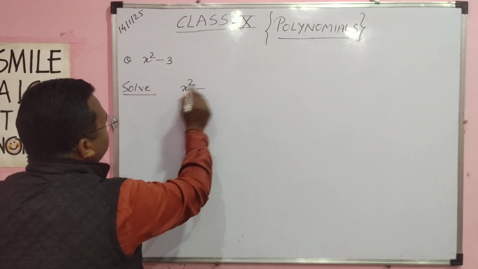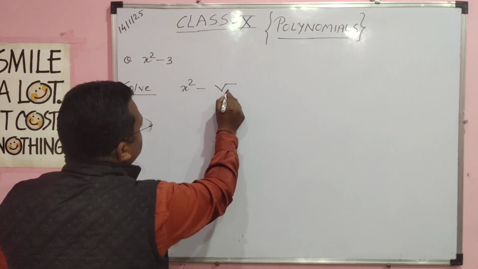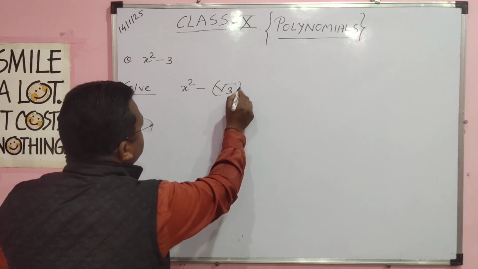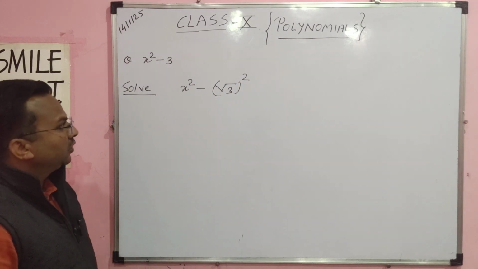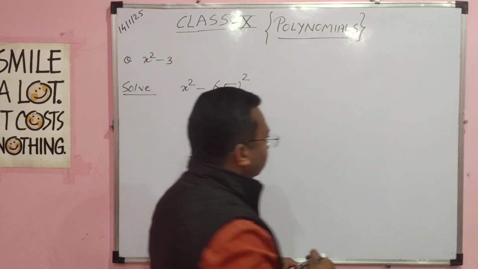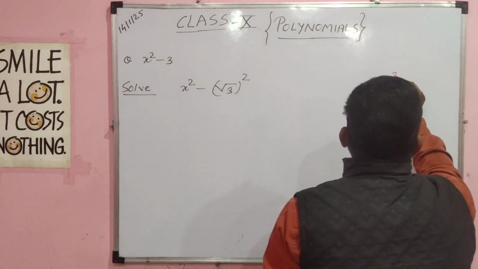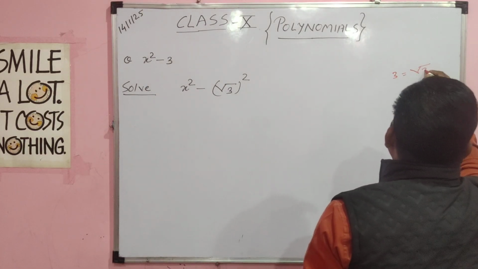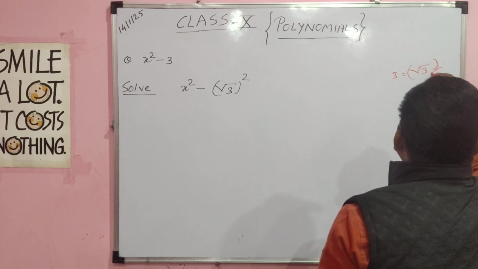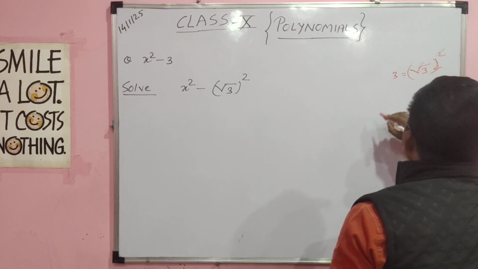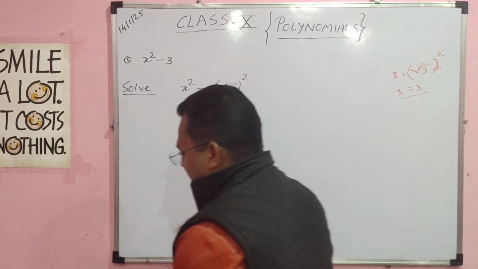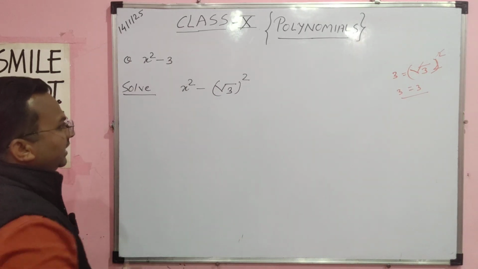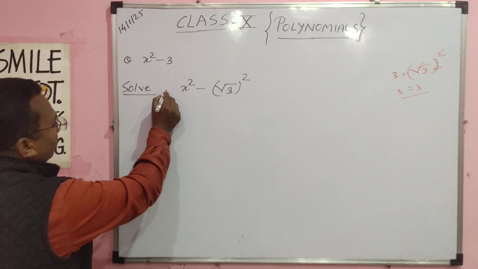So the solution is that firstly we write here x square minus 3. We can also write 3 as root 3 whole square, to the power 2. It means when you write 3 as root 3 to the power 2, the square and root cancel out and it is 3. So nothing changes, just written in this form. Okay, yes or no?